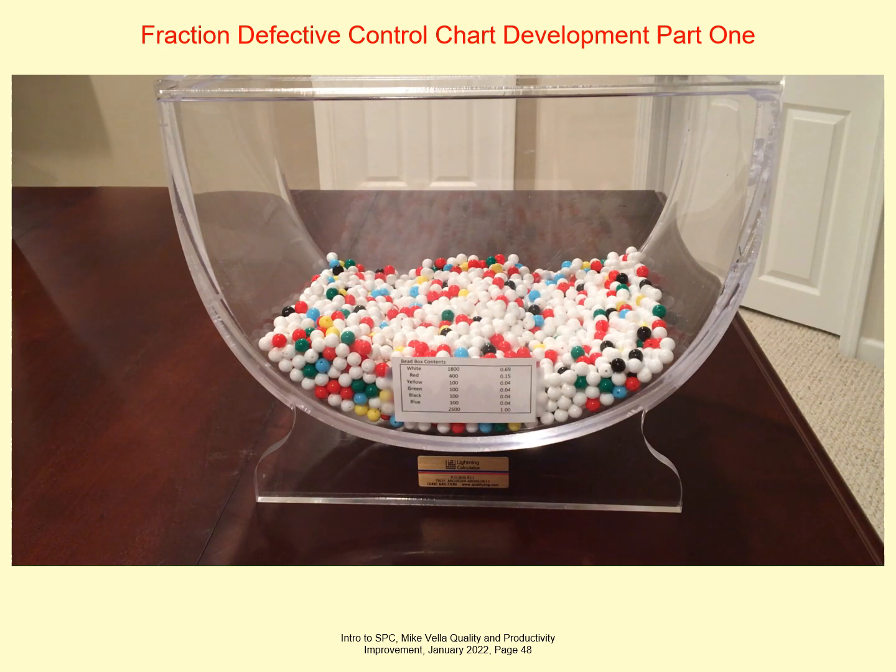What you see in front of you is a bead box produced by the Lightning Calculator Company of Troy, Michigan. If you can see the fine print there, it has 2,600 beads. 1,800 of them are white, and there are 400 red, 100 yellow, 100 green, 100 black, and 100 blue. You can sample with the sampling paddles that they've provided.